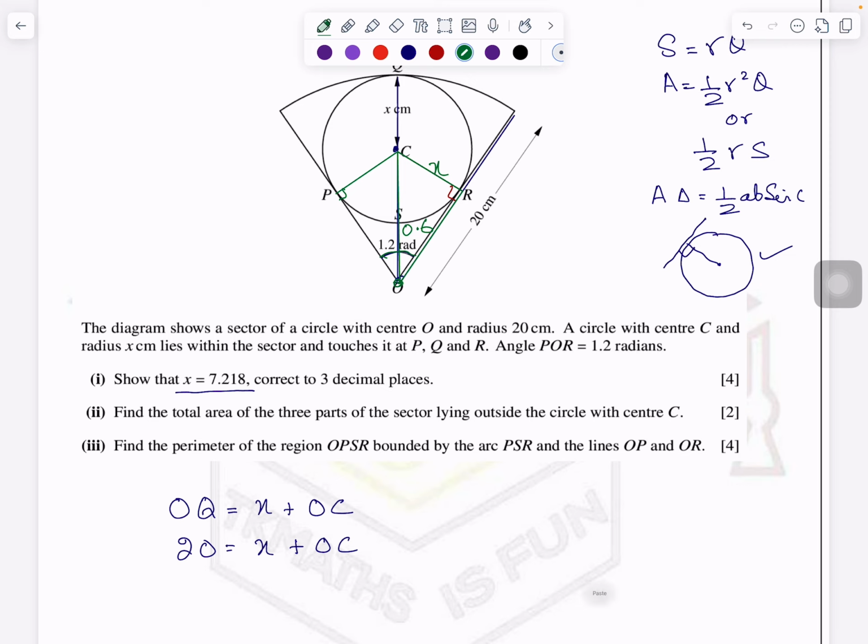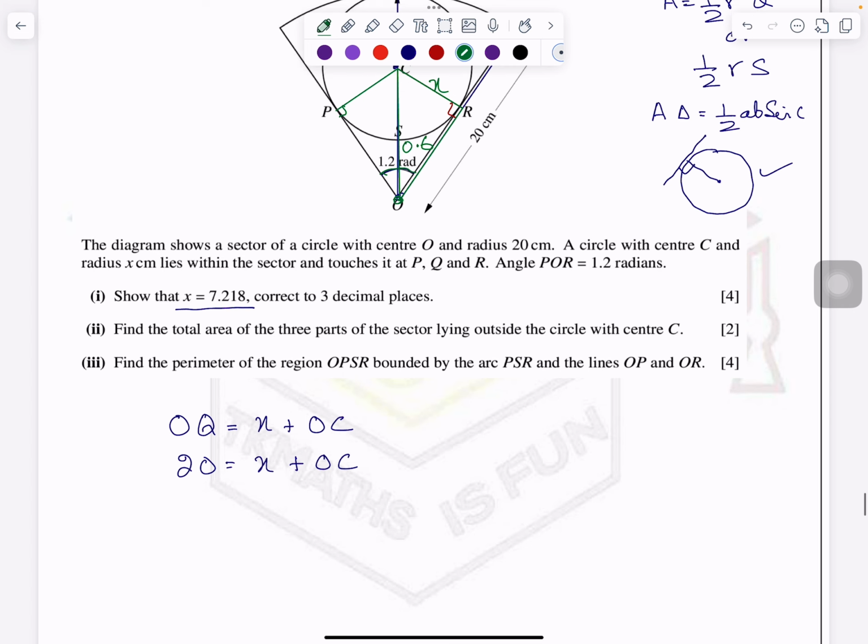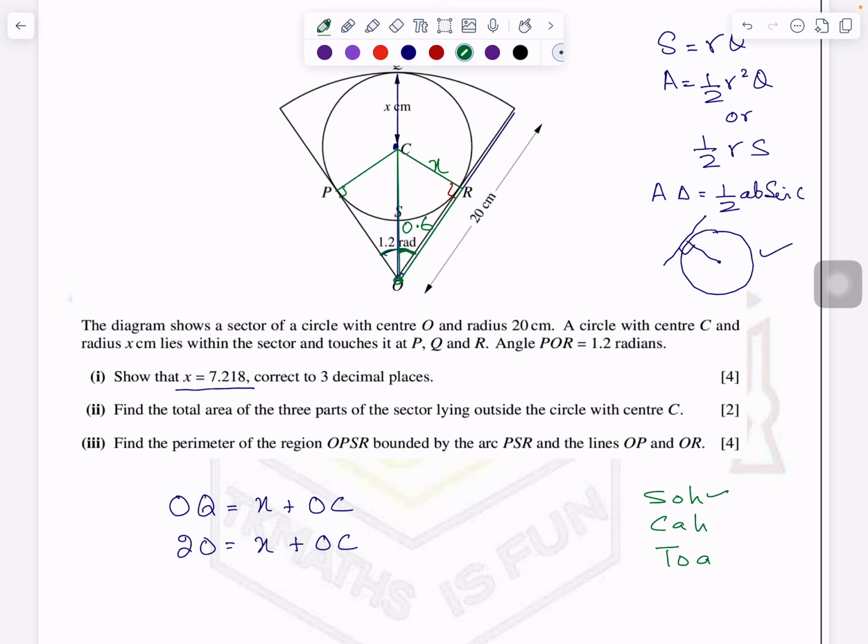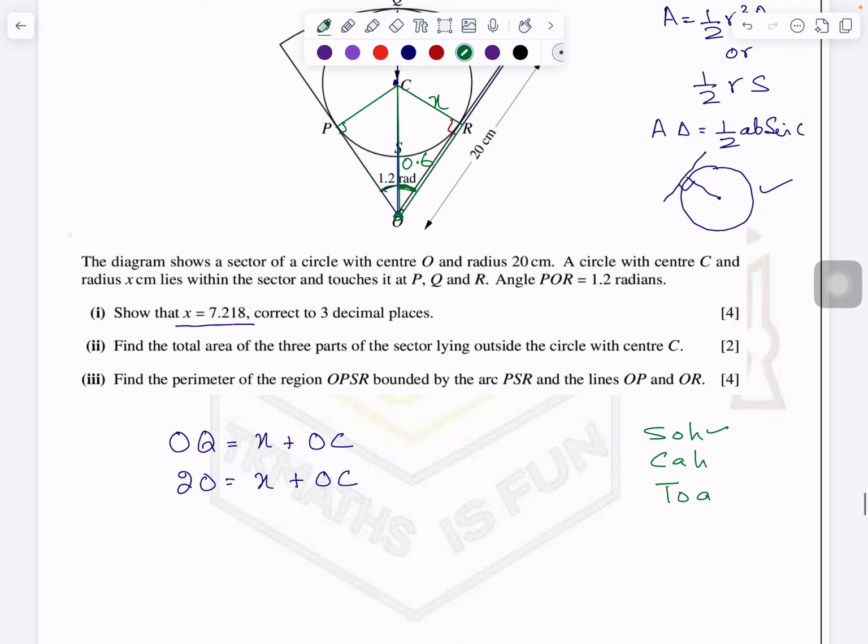So now if I see, I have tan 0.6 x upon, sine, not tan, SOHCAHTOA. Let me just take SOHCAHTOA, right? So I will use this because for this angle O, it is x over OC, opposite over hypotenuse.